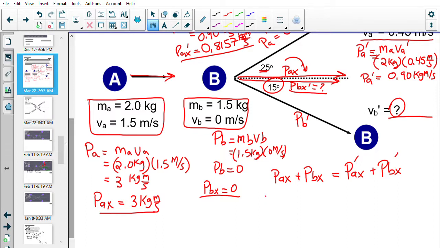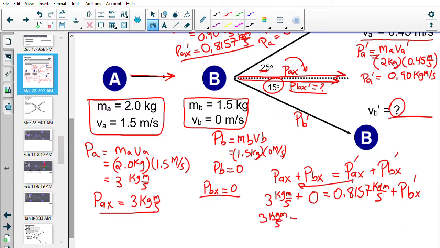So if I fill in numbers, 3 kilogram meter per second plus 0 kilogram meter per second is equal to 0.8157 kilogram meter per second plus the PBx prime. This is what we can solve for. We'll take the 0.8157 to the other side.